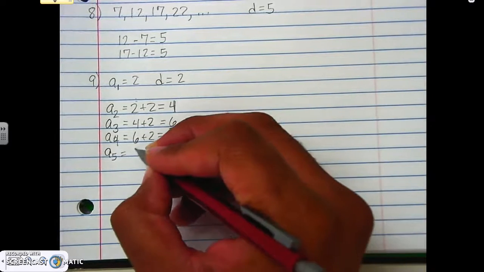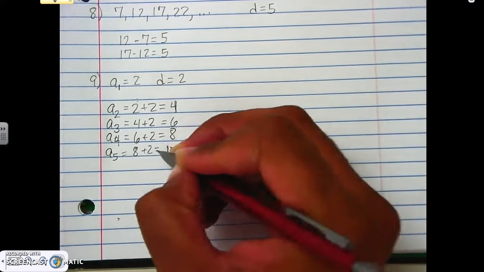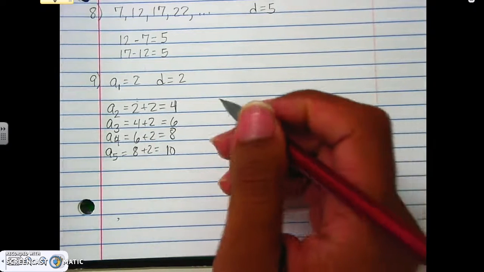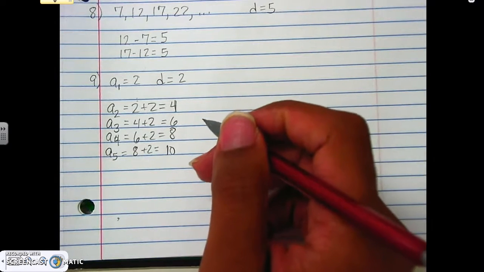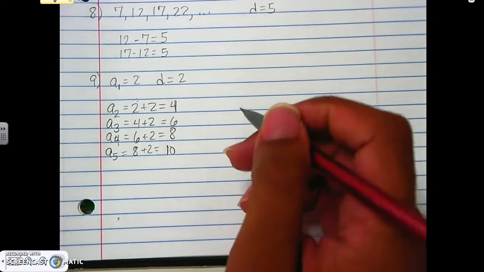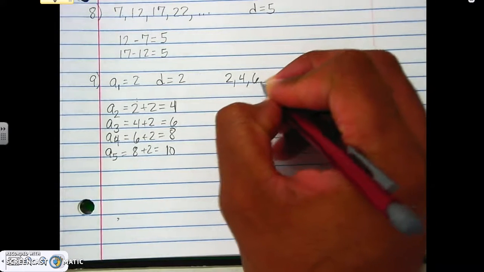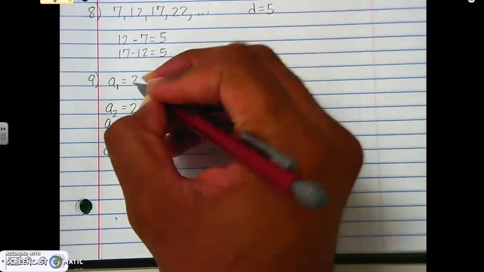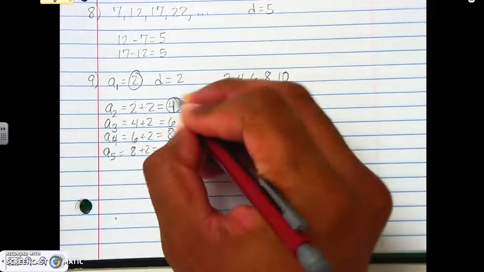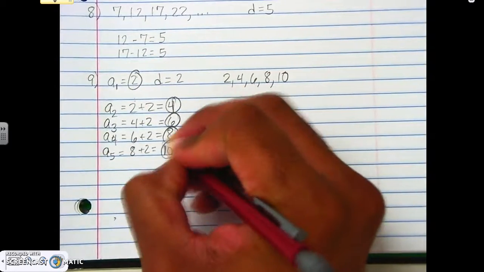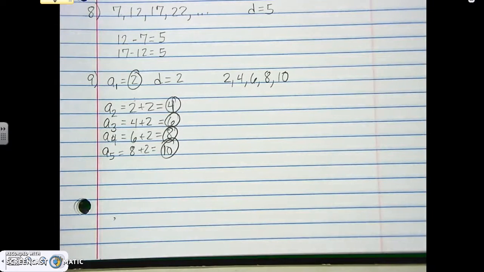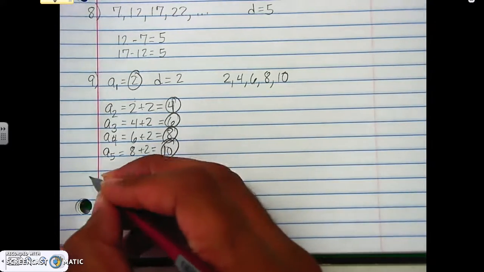And if we do that, that's 8 plus 2, and that is 10. So again, if you have the pattern, you don't have to do all the work. You just do what you need to do to start it off, and then finish it up. So again, it is 2, 4, 6, 8, and 10. That's it.